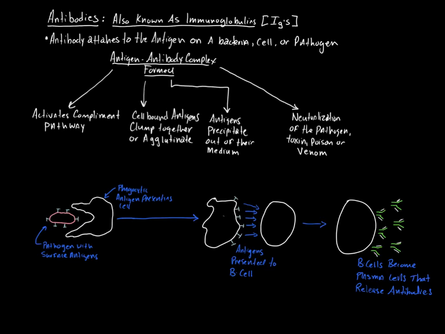Another thing that can happen involves cell-bound antigens. If you have a bacteria cell or perhaps a virus-infected body cell, when antibodies begin binding to the antigens on those cells, it can cause those cells to clump together, or what we call agglutinate.